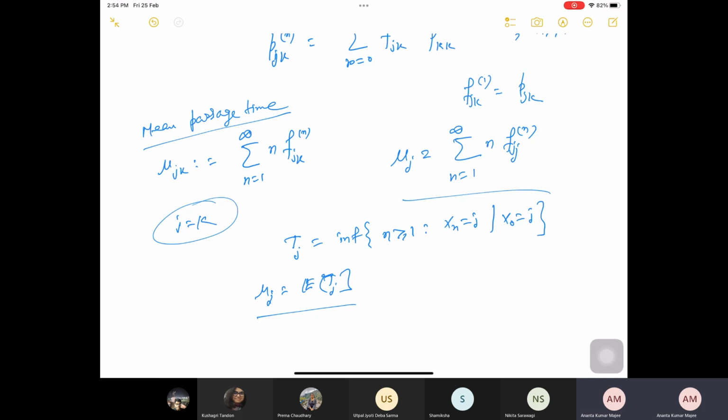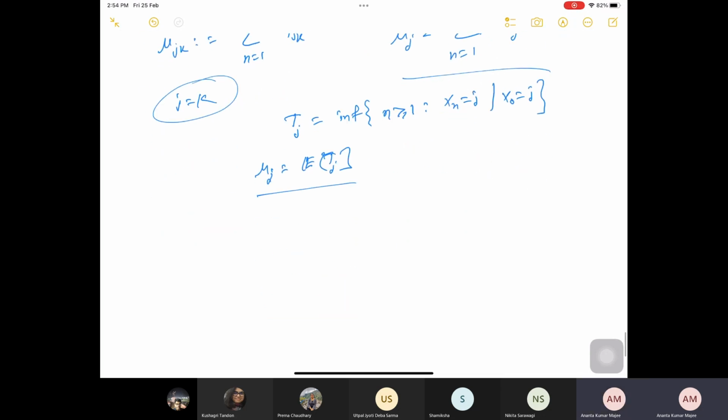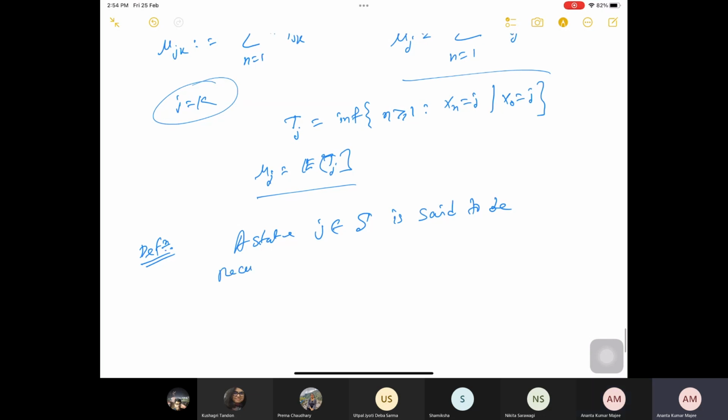So depending on the value of mu_j, we have another classification that is called the recurrent state. So I am considering the definition. A state j in my state space S is said to be recurrent if f_jj is equal to 1.